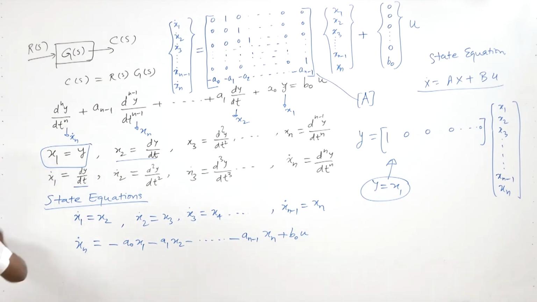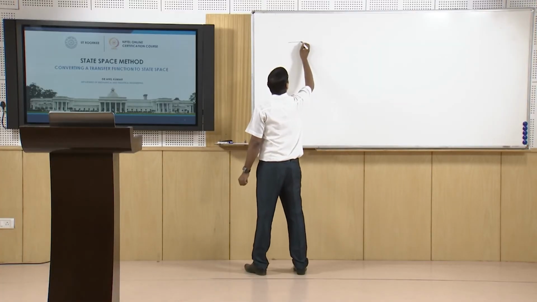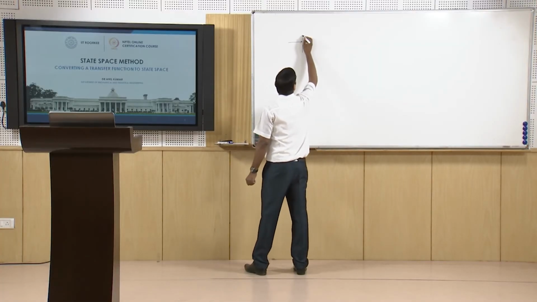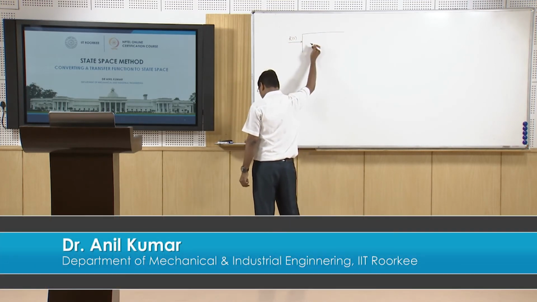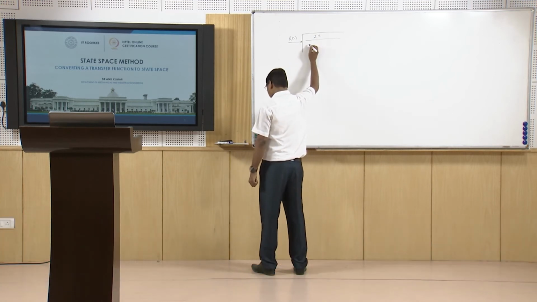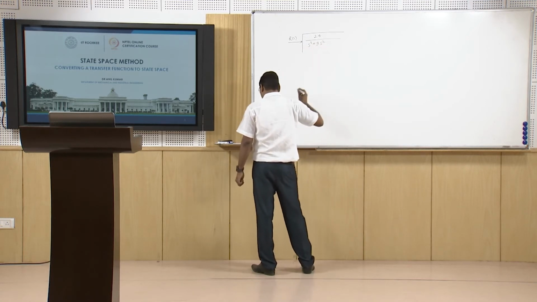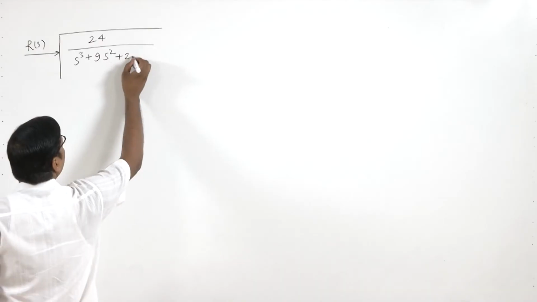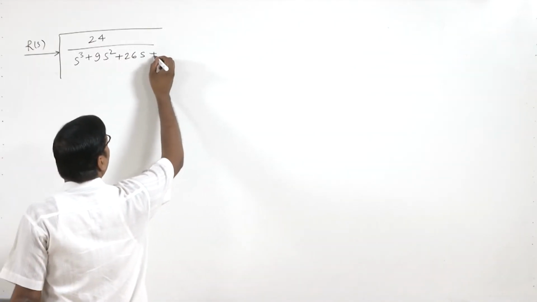So let's take one example. We have a transfer function, 24 by s cube plus 9 s square plus 26s plus 24.